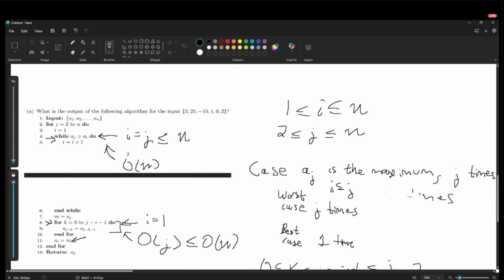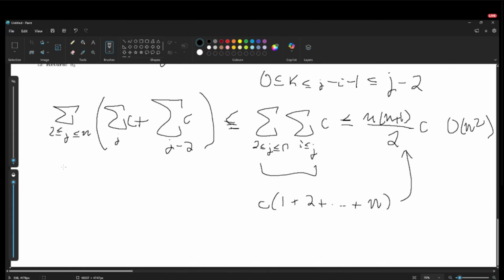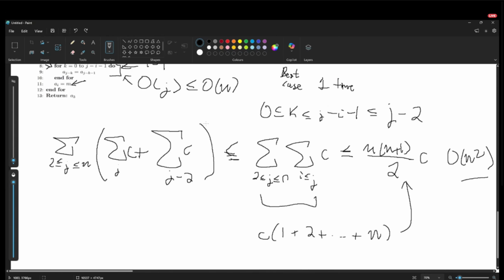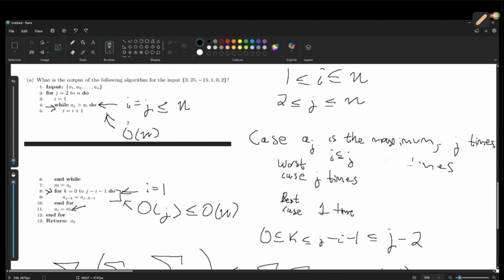I actually don't know how to explain that because I tried doing a double summation here, and technically it's n times n plus 1 over 2, and technically that's O of n squared. I guess one way of saying it is that the maximum number of times this while loop could execute is n times.